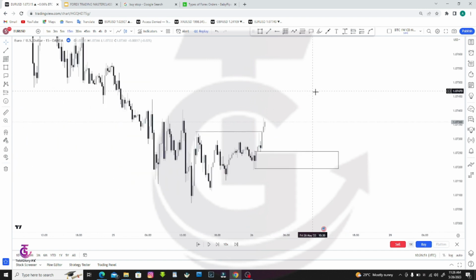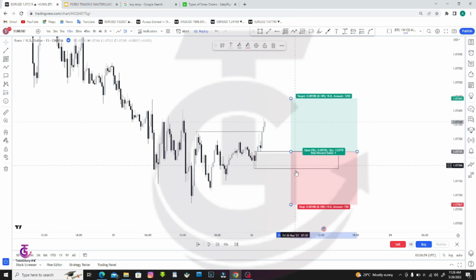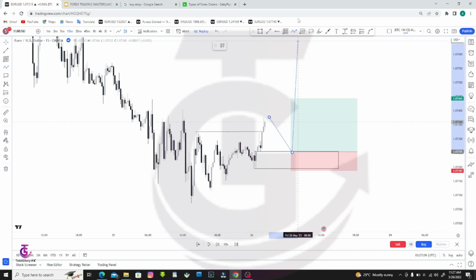You don't need to keep checking if price has neared there before you buy. You will just set your buy limit.